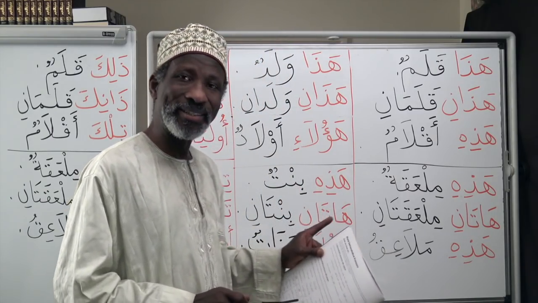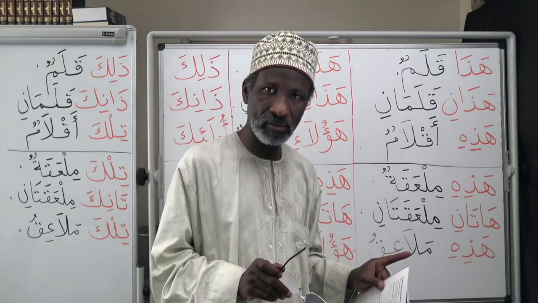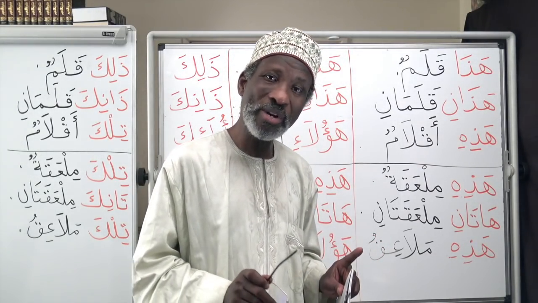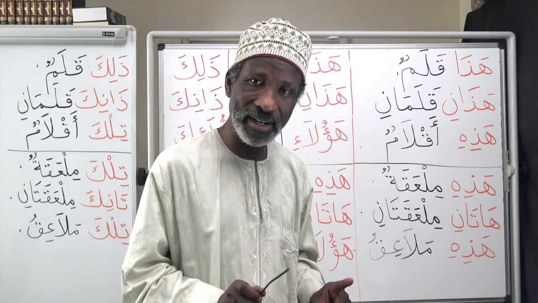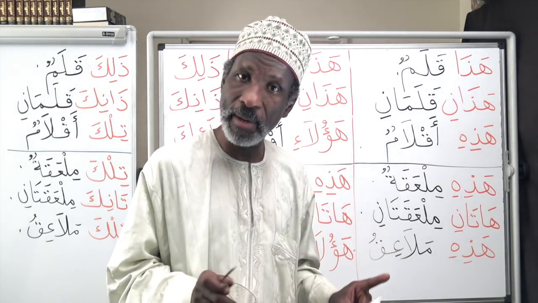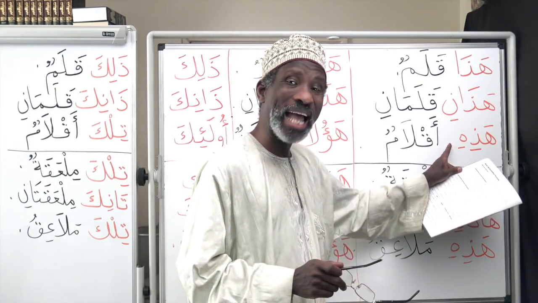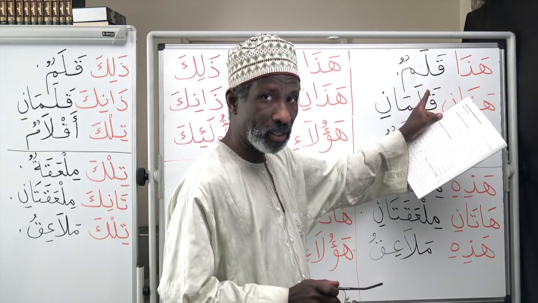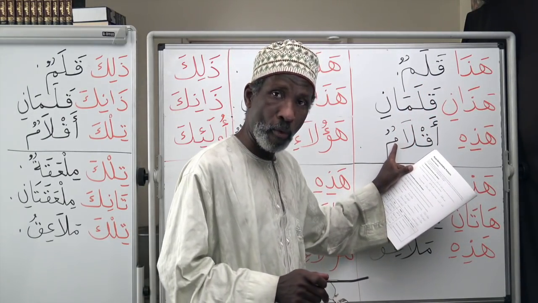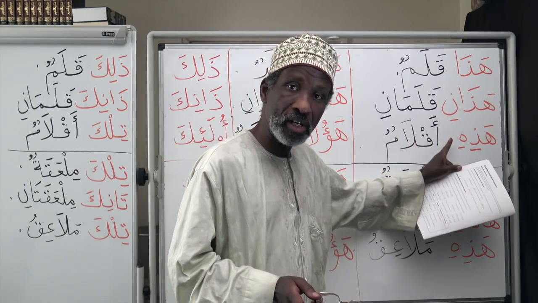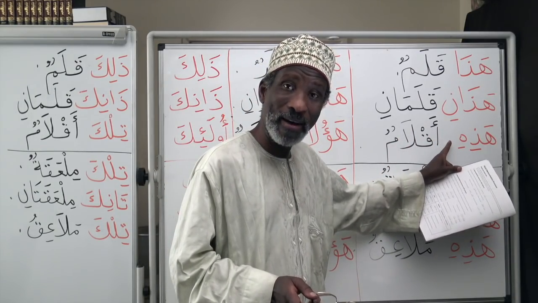So any object, non-human plural, you consider as if you are dealing with a singular feminine. So in this case, you use هذه. Although originally قلم is masculine, in the plural format, because it's not a human plural, you refer to it as singular feminine.